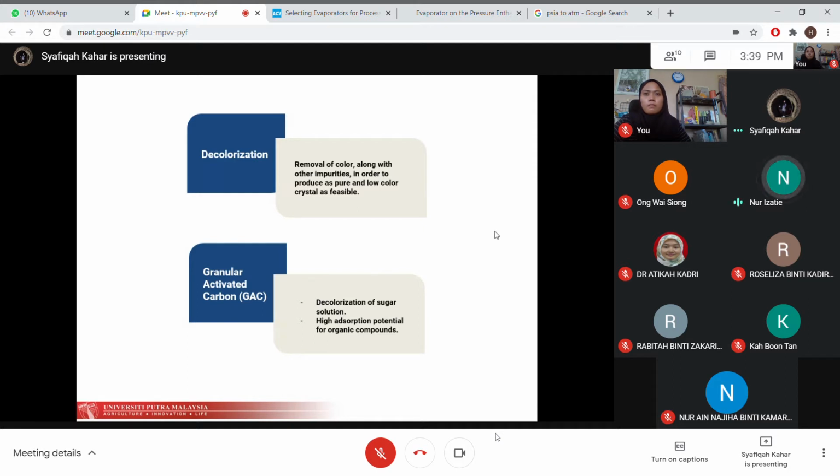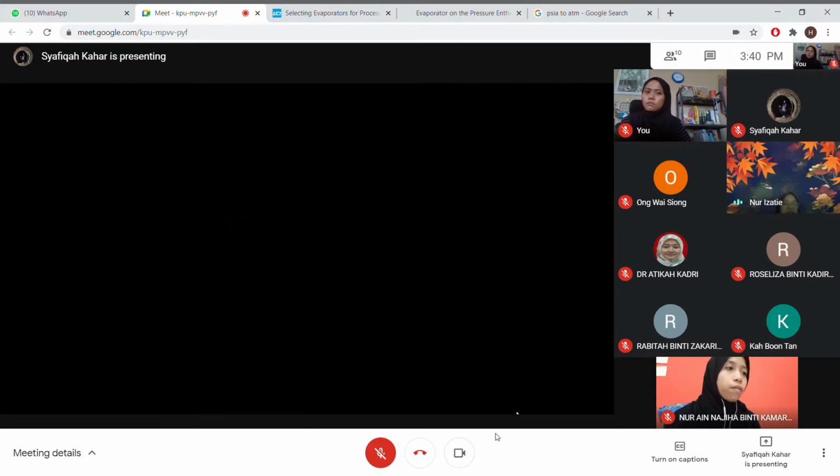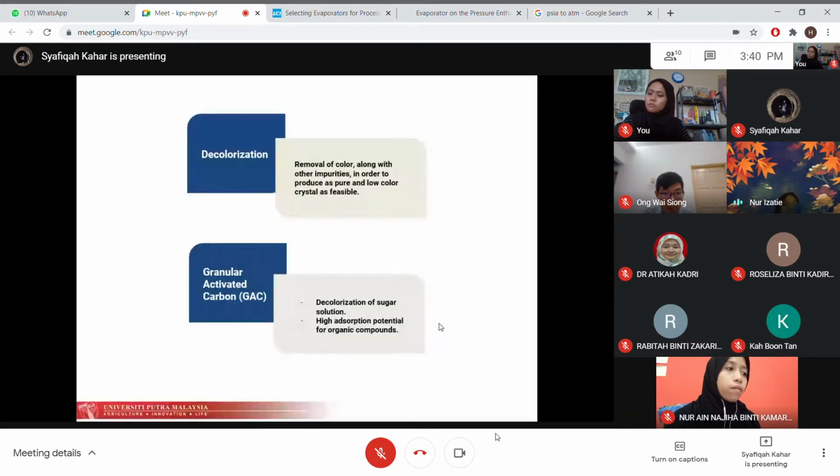For the process design of this decolorization process, granular activated carbon in a packed bed is used. The GAC is chosen because it is used in many purification processes, including decolorization of sugar solution. It also has a high adsorption potential for organic compounds such as sugar colorants.